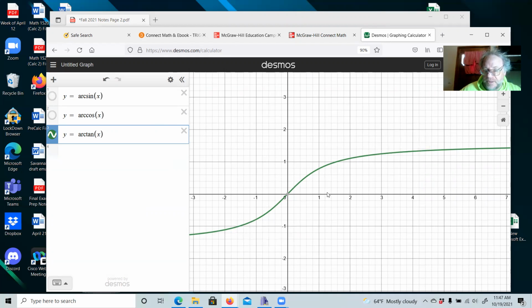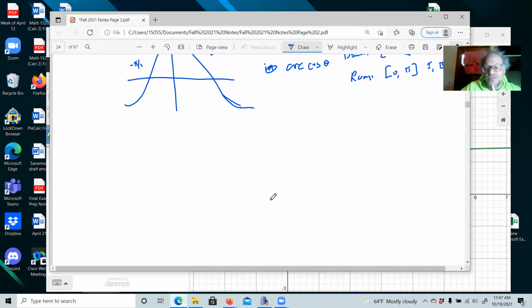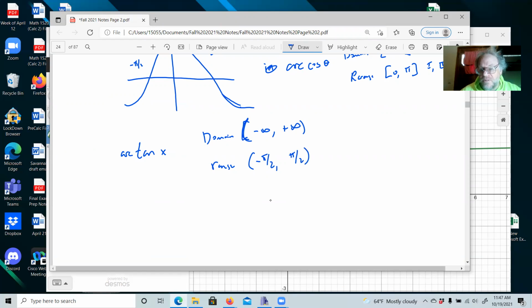Inverse tangent is, I think, the first function you actually meet that naturally has 2 horizontal asymptotes. So for inverse tangent, the domain is negative infinity to positive infinity. The range is going to be negative pi over 2 to positive pi over 2. It's got 2 horizontal asymptotes.